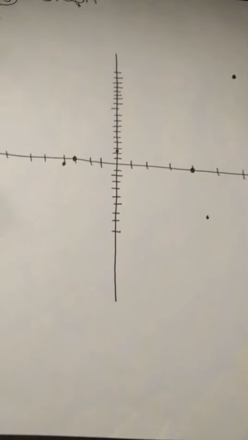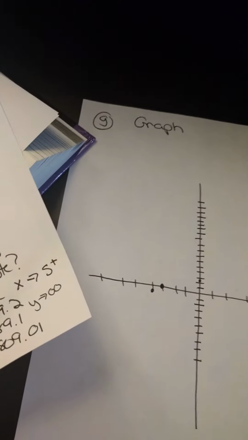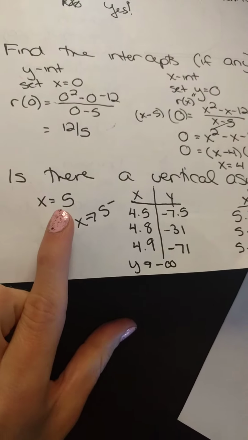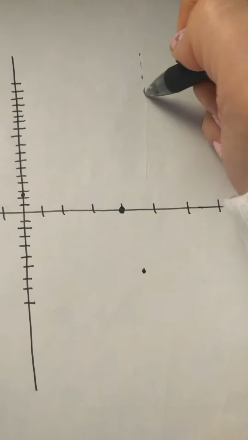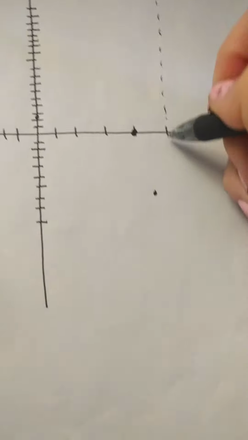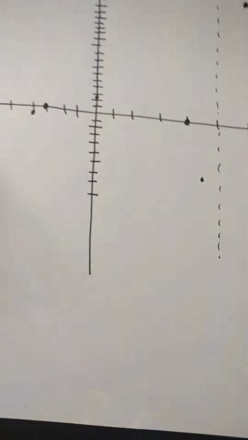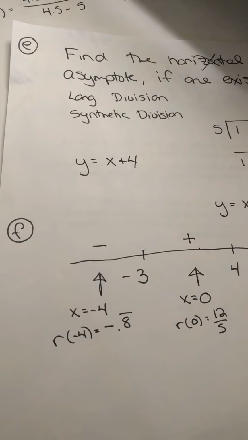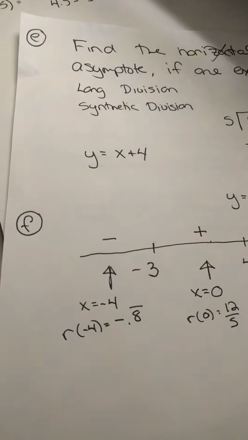Now let's plot our asymptotes. The first asymptote we found was our vertical asymptote, x is equal to 5. So here's 5. There's my vertical asymptote. Now we want to graph our oblique asymptote.